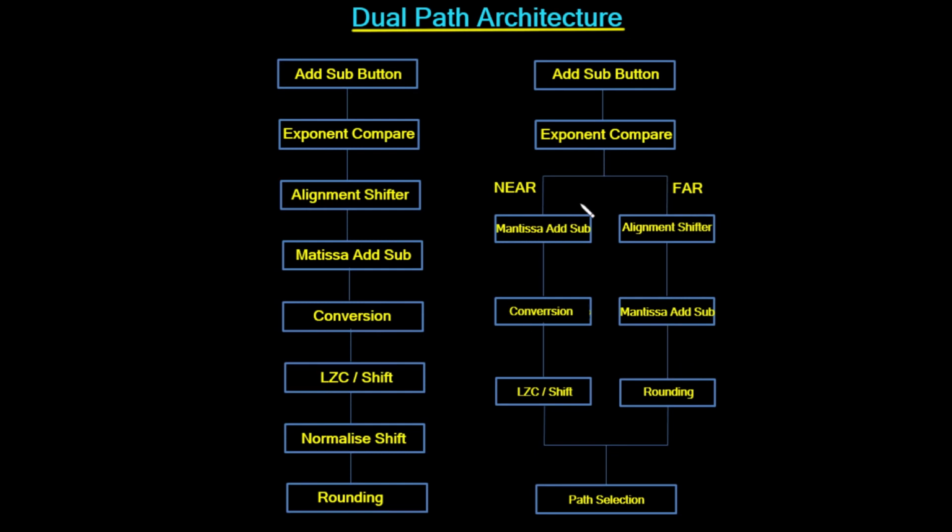Well, if we were to look at the left hand side here, which is the near path, so this is for the subtraction where we get cancellation, then you can see that we're going to cut down on this alignment shifter. Now we're not going to shift it by any more than a factor of 1.